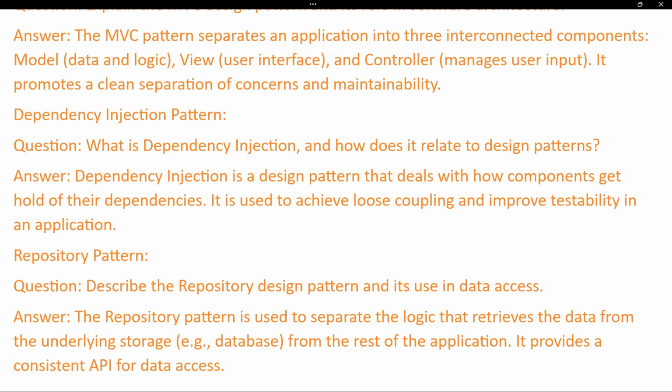And next we have the repository pattern. This is a very important pattern which we use. So what is the repository pattern? Describe the repository pattern and how it is used with a database. The repository pattern is used to separate the logic that retrieves data from the underlying storage, for example a database, from the rest of the application. It provides a consistent API for data access.